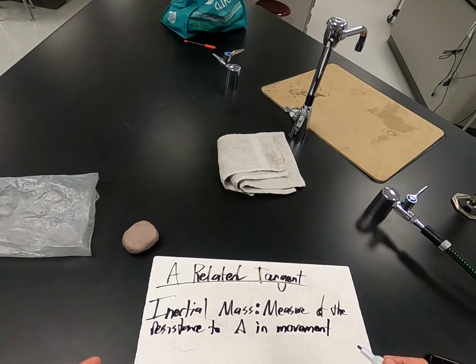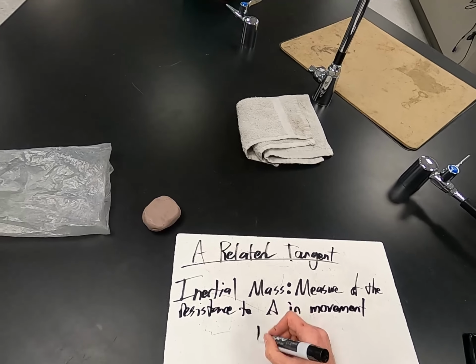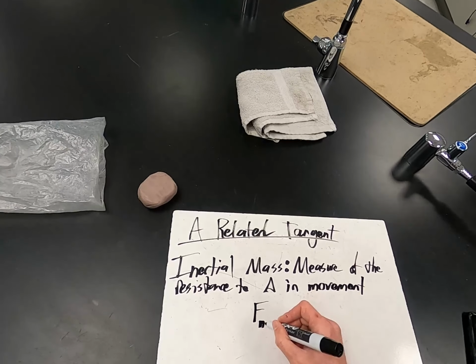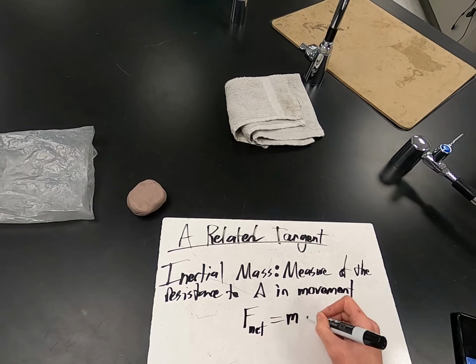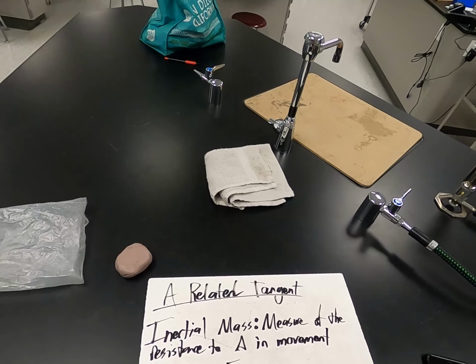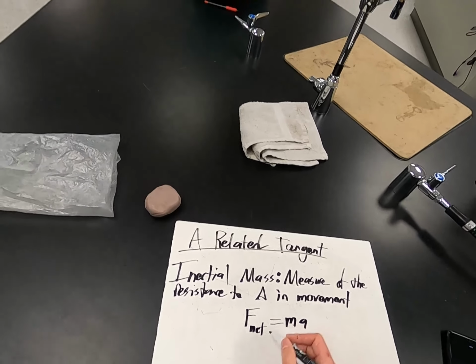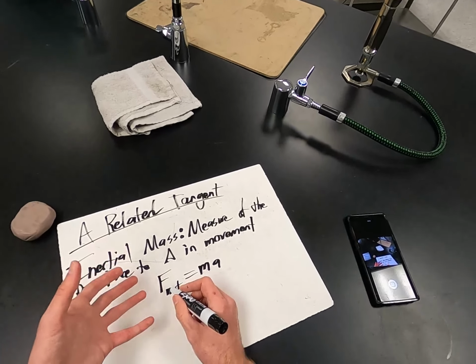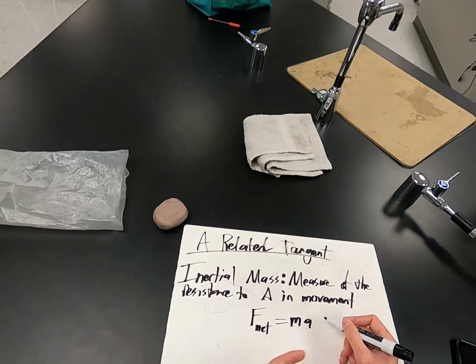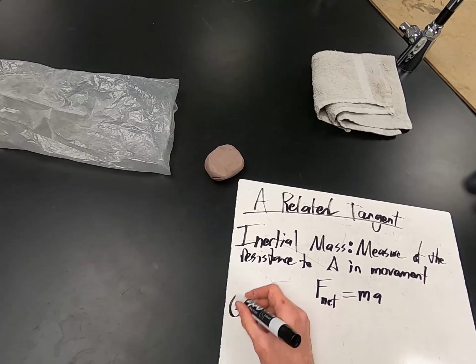Changes in movement, that really means acceleration. And so in equation terms, that would be F net equals ma. A net force is going to cause a change in the movement. It's going to make something accelerate. So if you have more mass, it's going to take a heck of a lot more force to get the thing to accelerate, right?